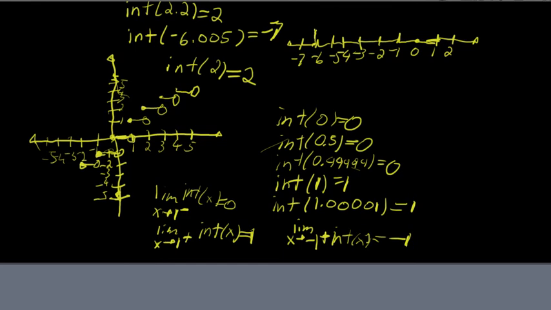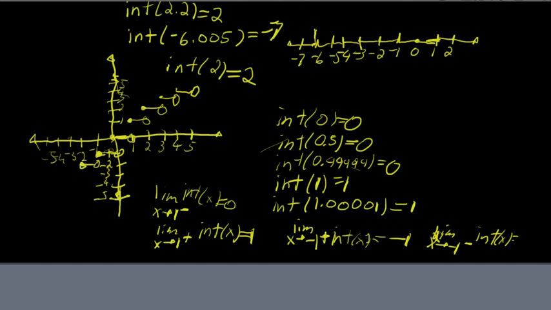Alright, but let's say we wanted to look at the limit as x tended to -1 from the left, of int of x. Well, we're looking at values, say, -1.000001.